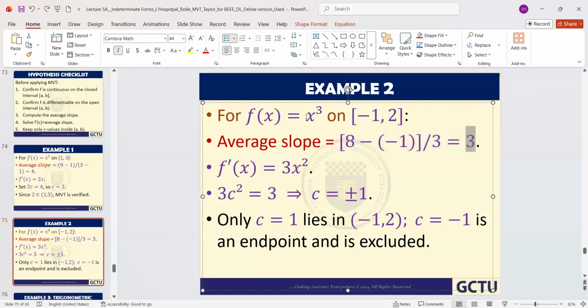Then we differentiate x cubed. That gives us 3x squared. We substitute x equal to c, and we get 3c squared equal to 3. That gives us c squared equal to 1, so c is plus or minus 1. You know that only the value 1 is in the interval from minus 1 to 2, so negative 1 is excluded, as it is an endpoint.